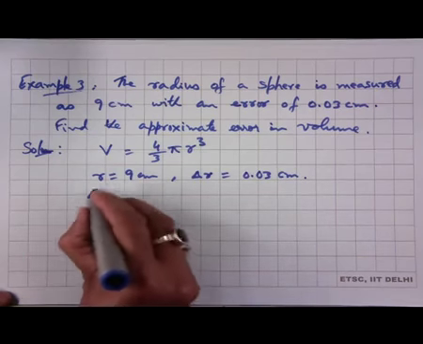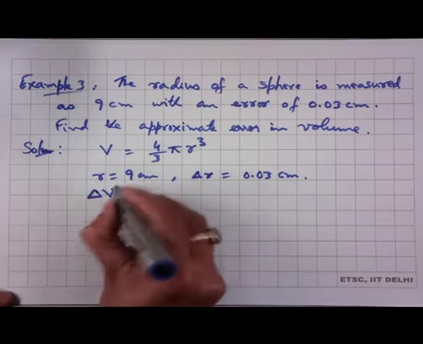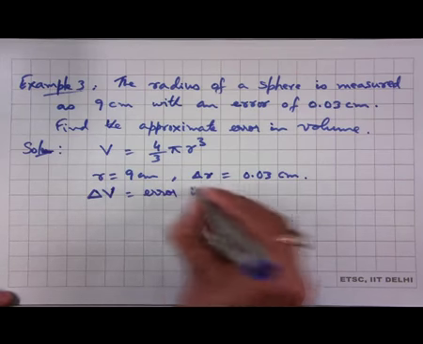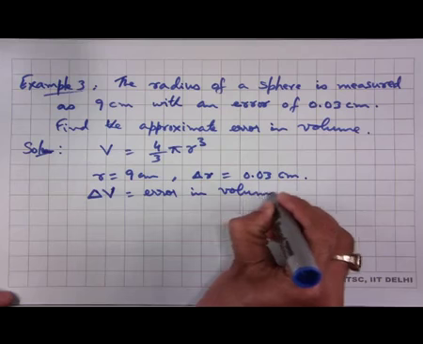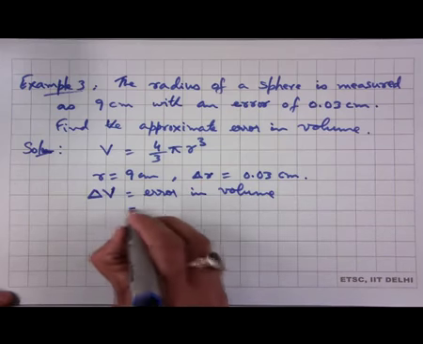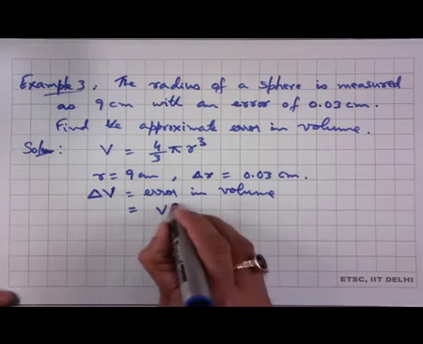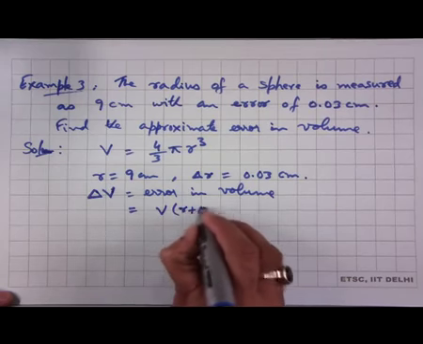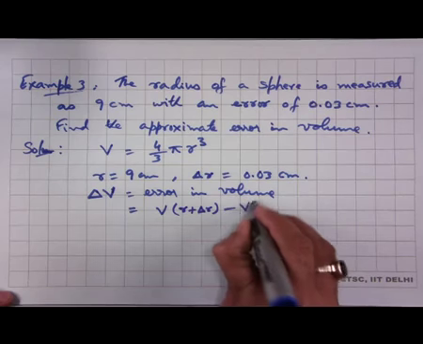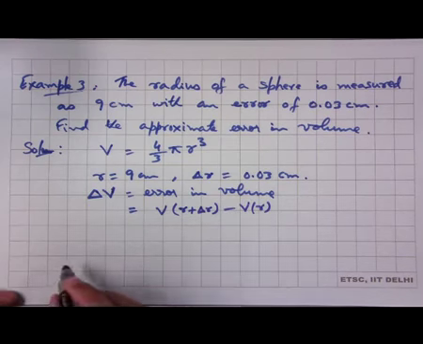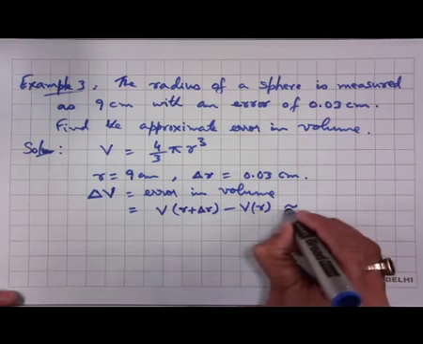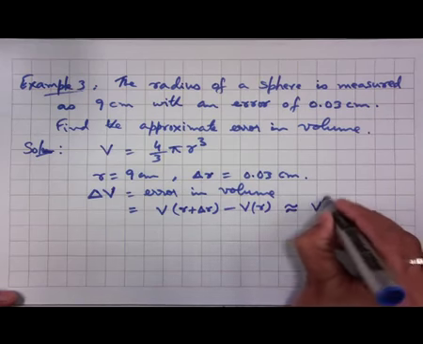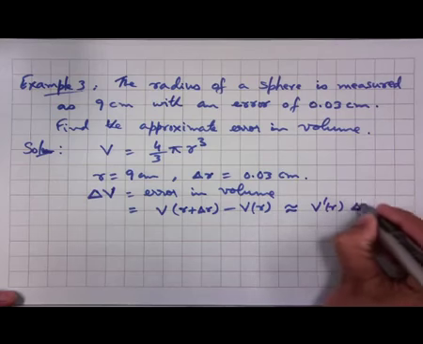If delta V is the error in volume, this is equal to V at r plus delta r minus V at r, and we have seen that this can be approximated by the derivative V prime r times delta r.